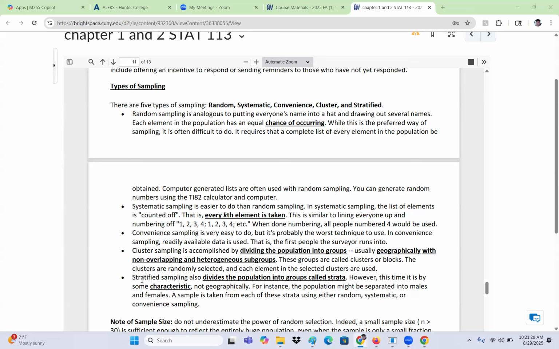They might call cluster sampling dividing the population into groups called strata, but this is actually stratified sampling because the word strata comes from stratify. It just basically means that we divide people by different characteristics, like a non-smoking group and a smoking group, or female and male.